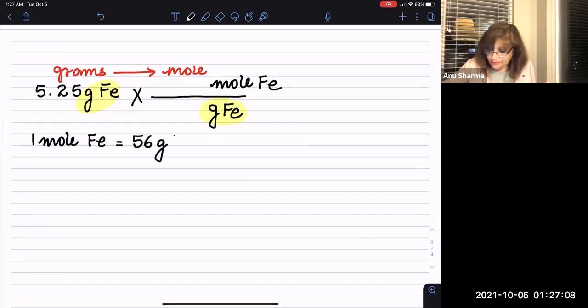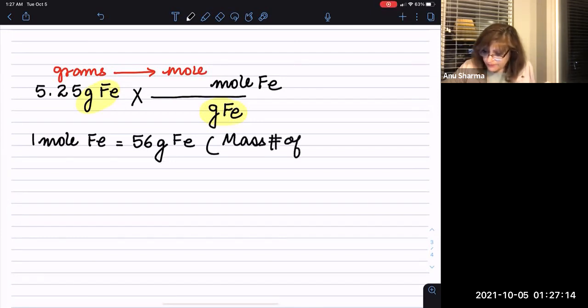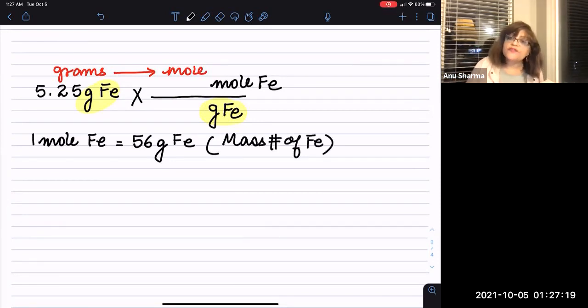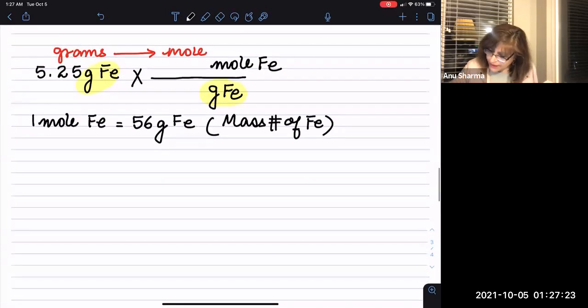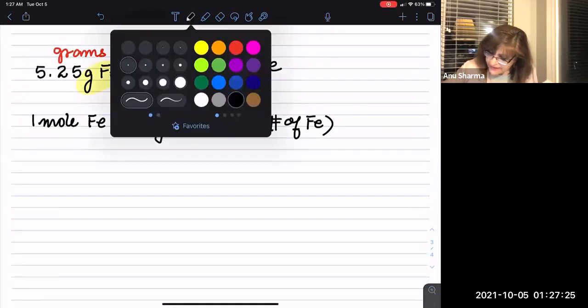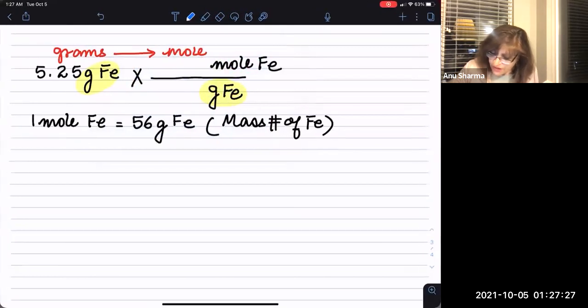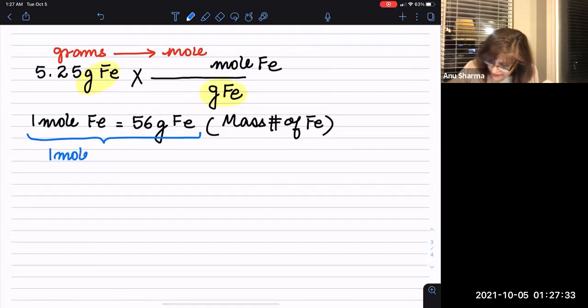So always set it up like this. And where do you get this 56 grams? That is the mass number of iron, so you have to look at the periodic table. Basically, all of them are 1 mole. So that's the mass number. Now we see that these two can be put as 2 conversion factors of this equality: 1 mole on the top and 56 grams of iron at the bottom.